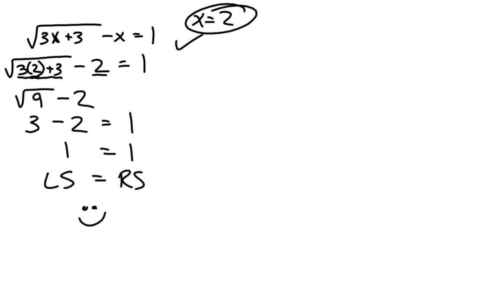Second possibility is we thought that x was equal to negative 1. So let's verify into that one as well. Substituting in 3 times negative 1 plus 3, subtract x, which is subtract a negative 1, equals 1. So to verify, 3 times negative 1 is negative 3.